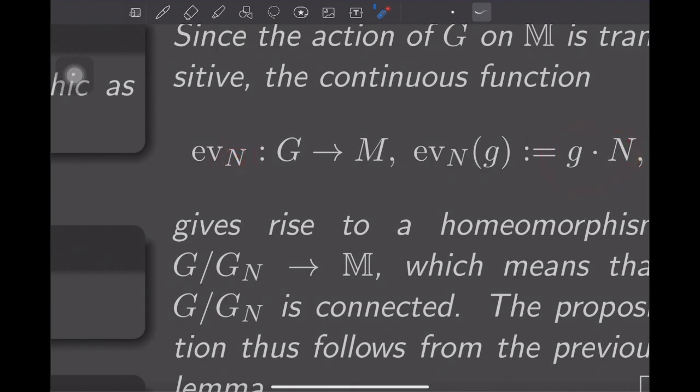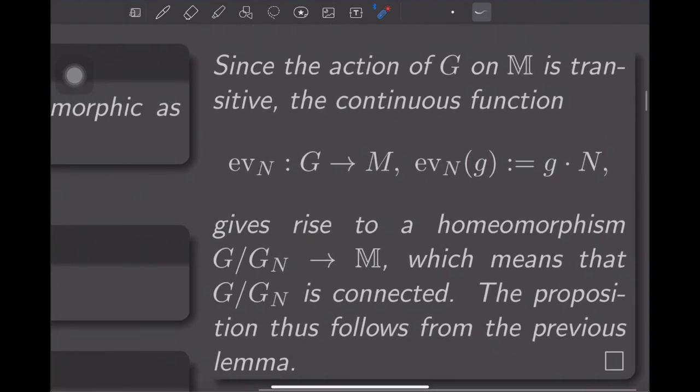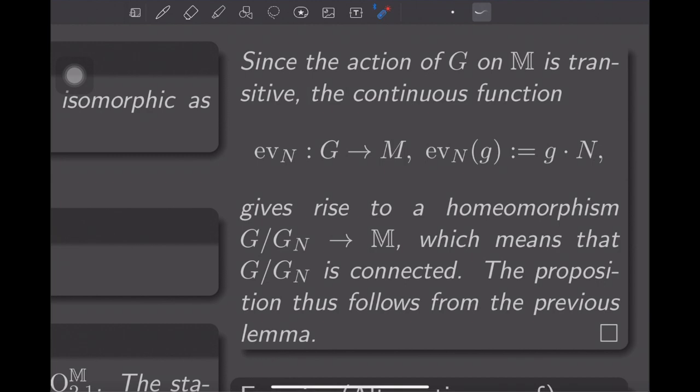So I consider that function, which I think of as an evaluation function. Any element of G, I evaluate it at n. It's continuous and it is surjective.